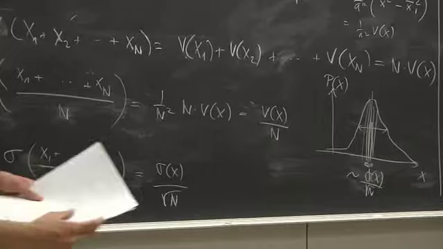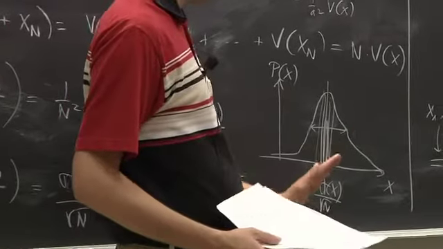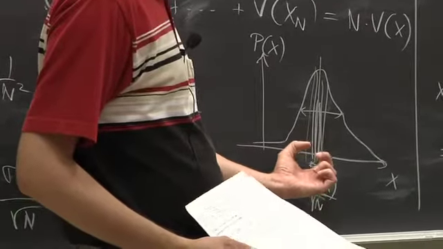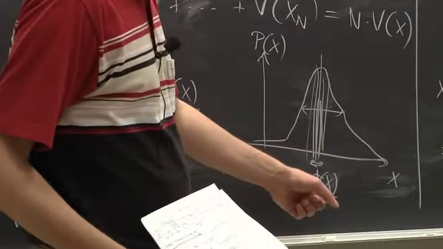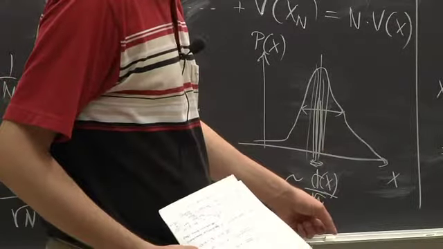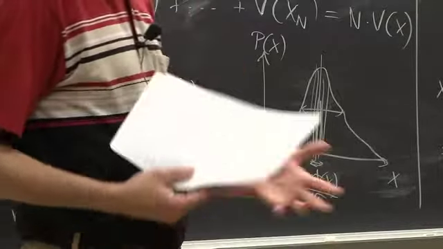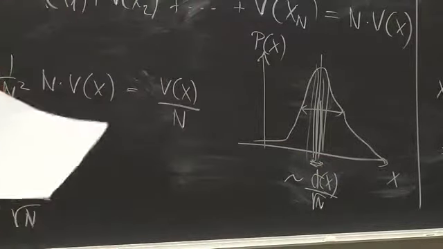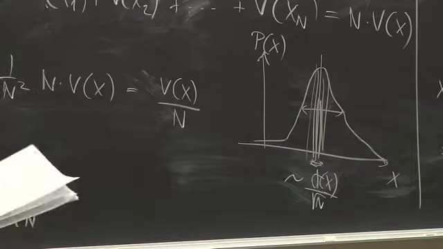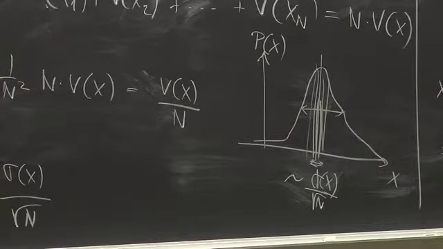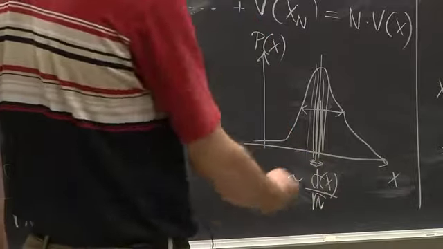So that tells you, if you want to get a good estimate of the average, then you should take a lot of measurements. And this formula tells you roughly how many measurements you need to get a certain accuracy, right? So this will be a typical error that you make.